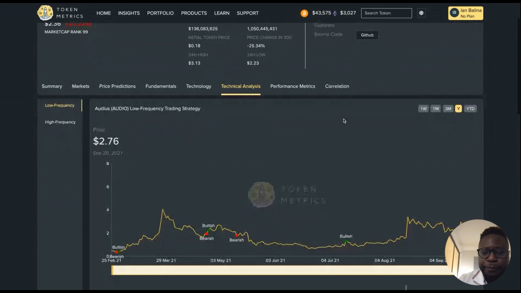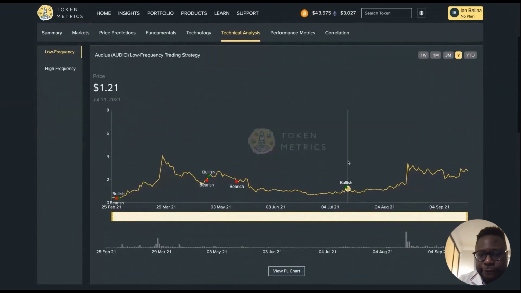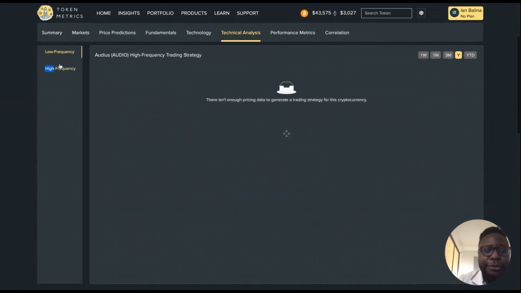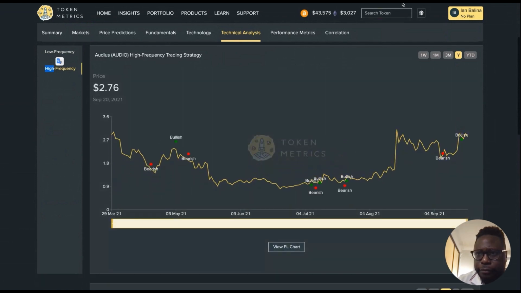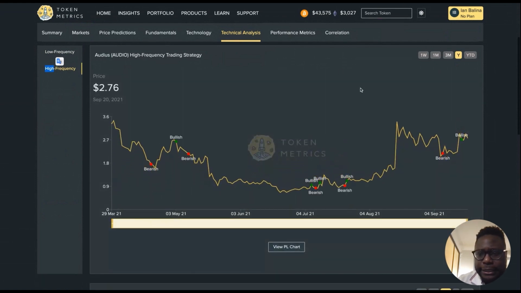All right, so looking at this, we have the visual trends indicator, right? And Audio turned bullish at $1.34 and hasn't turned bearish at all. This is the low frequency. Let's go to the high frequency real quick. All right, so looking at this, on high frequency it turned bearish and turned bullish again, turning bullish at 272.